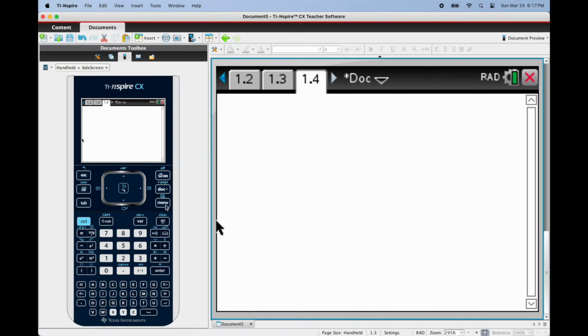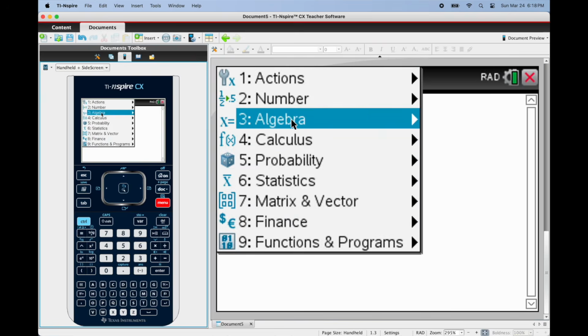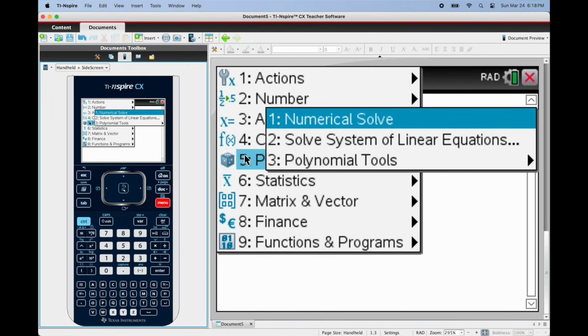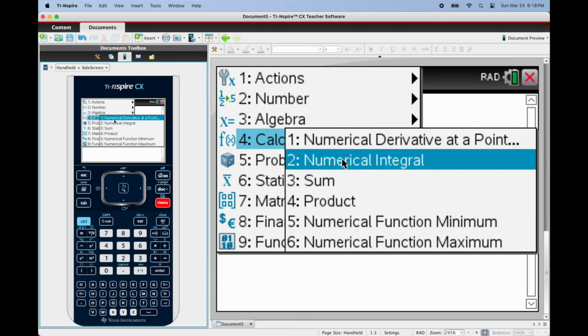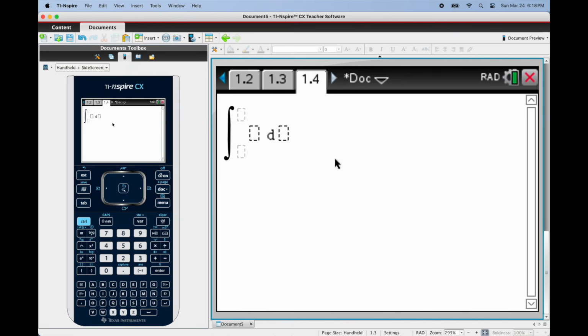Alright, so menu, let's go into calculus, and let's take numerical integration right here. We want to start at 0 and go to 3, so our lower and upper bound. Our function was x cubed plus 4x plus 3, and since it's in terms of x, we write this as dx.